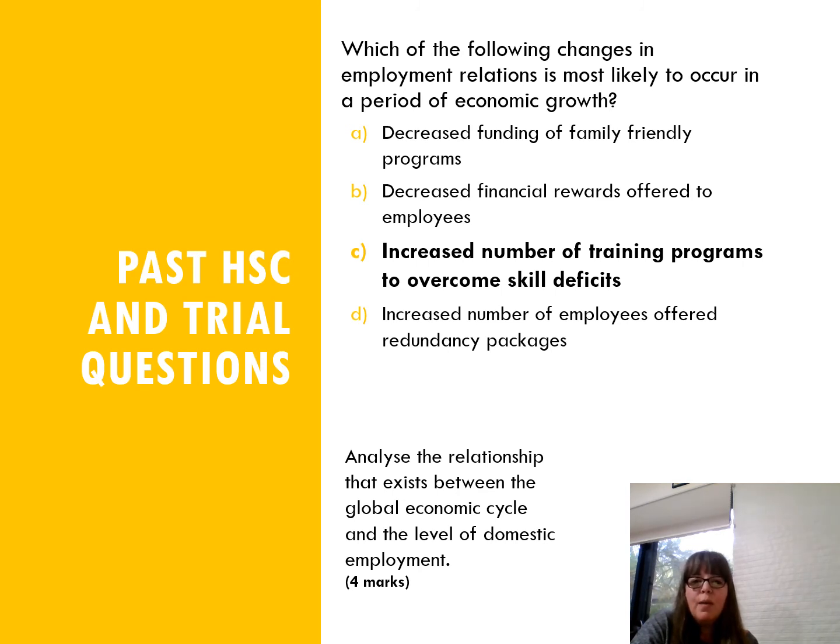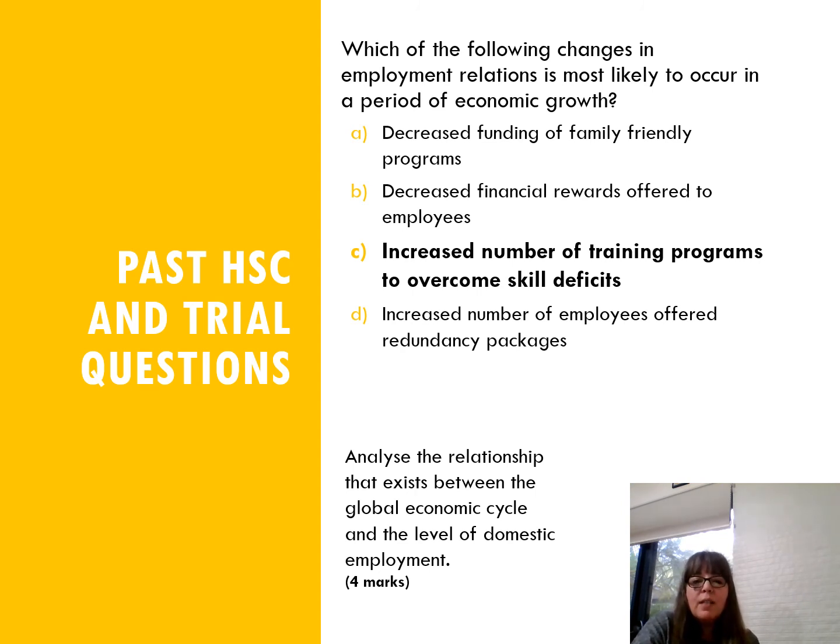B talks about taking away money from something, but that doesn't happen in economic growth. C talks about spending money on making employees better at their job. That seems to make the most sense. And D, increasing number of employees offered redundancy packages. Remember, when the economy is booming, more people are spending, so more people are employed, so people would not be made redundant during a period of economic growth.